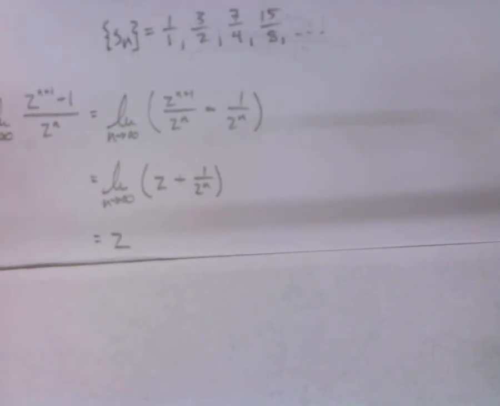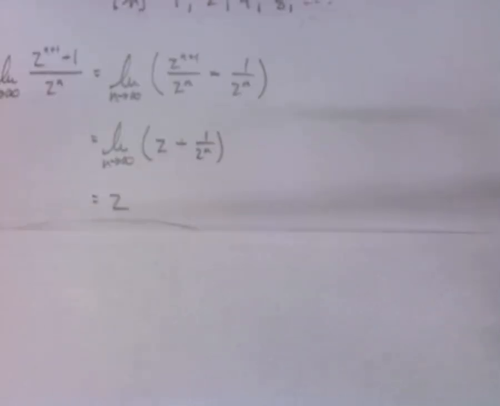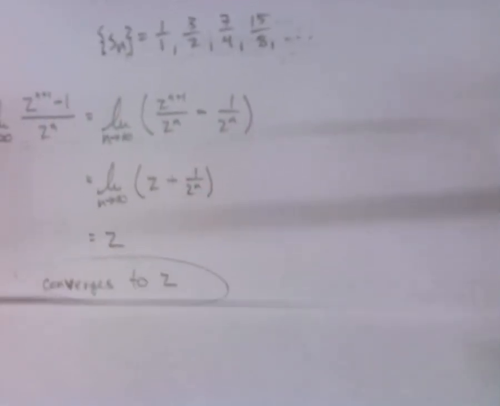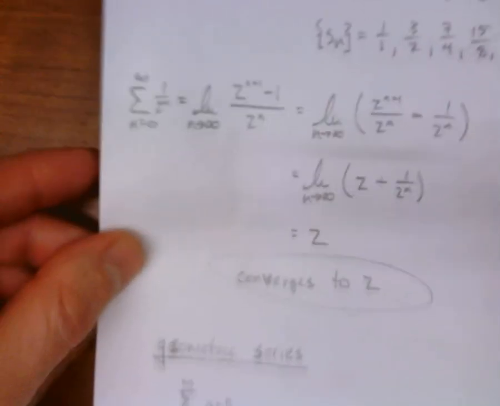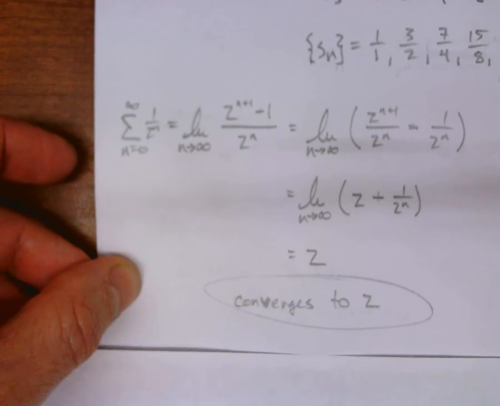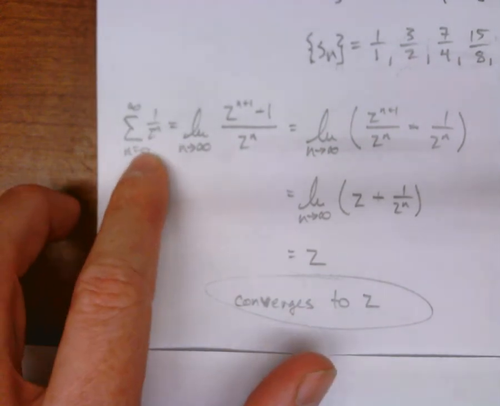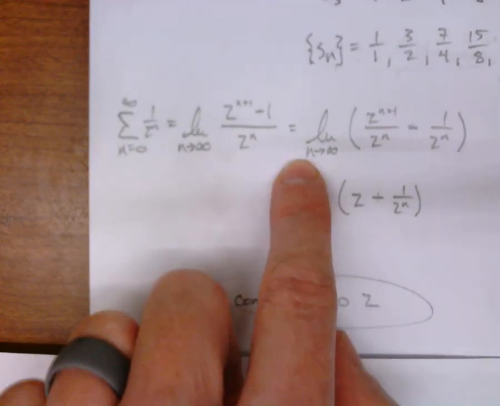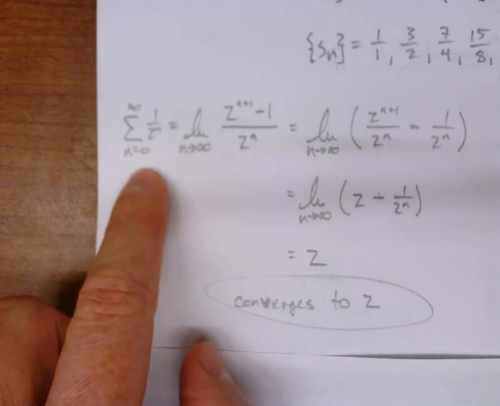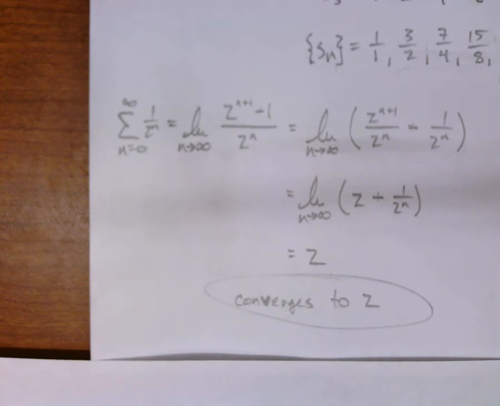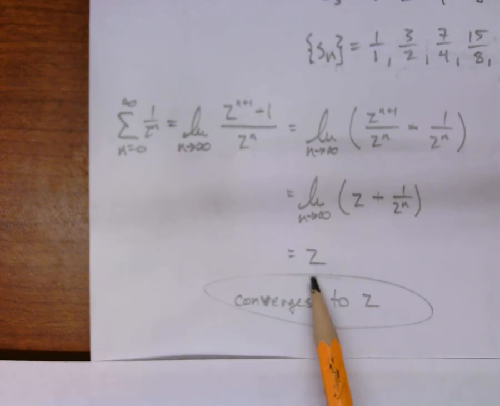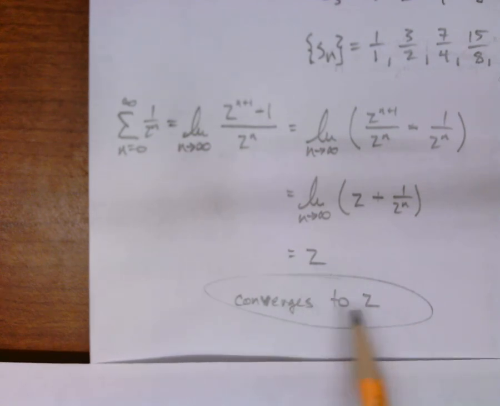And my answer for that limit is 2. And so I know that's what my original series is adding up to. If I add all of those infinitely many numbers, the more terms I add, the closer it gets to 2. And so this series converges to 2.